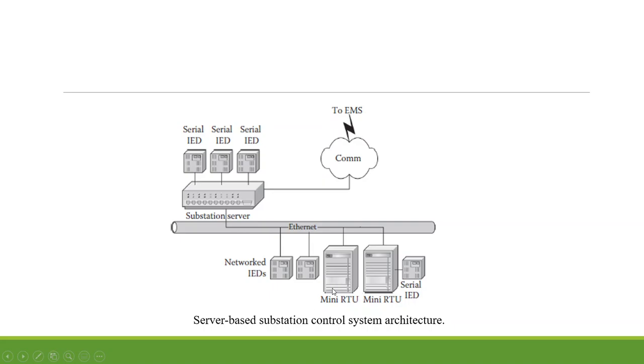There could be a mini RTU, and a serial IED which is going to interface with the mini RTU, and through the internet it is going to connect with the substation server, which will consist of a serial IED. There will be some communication link, and it will be sent to the master station, the EMS, energy management system. So this is basically substation automation.